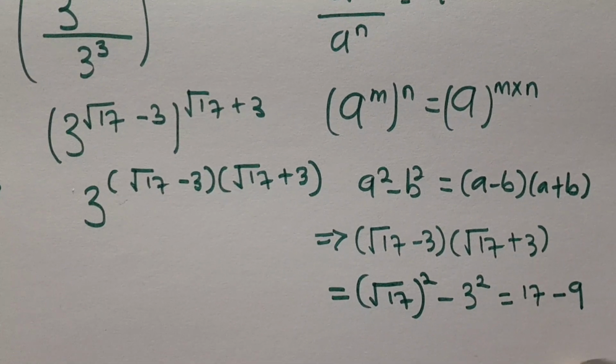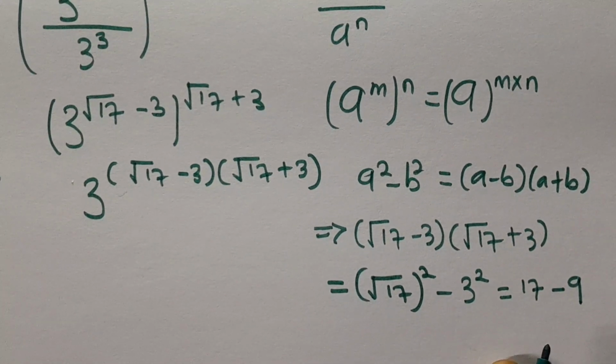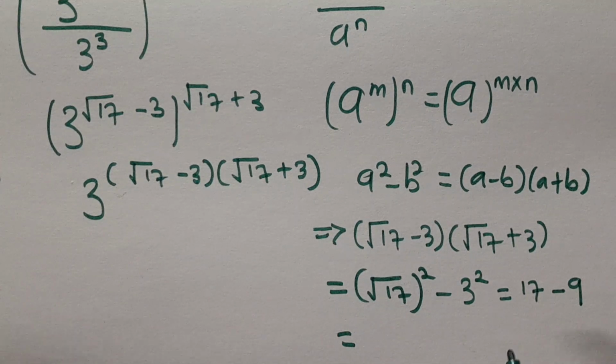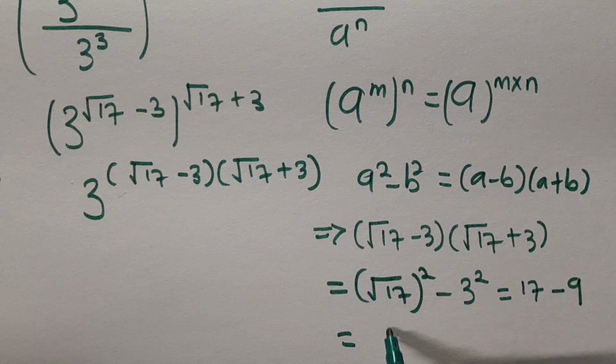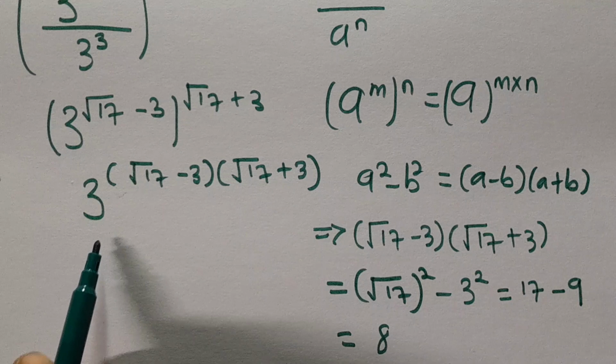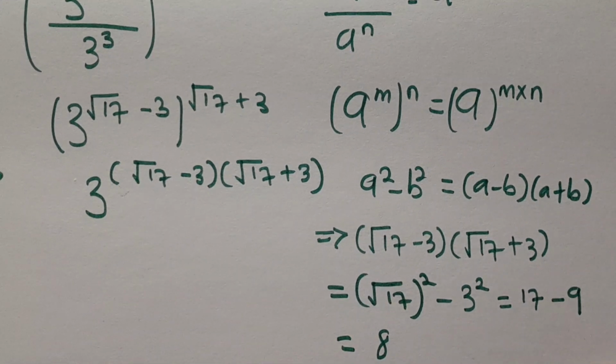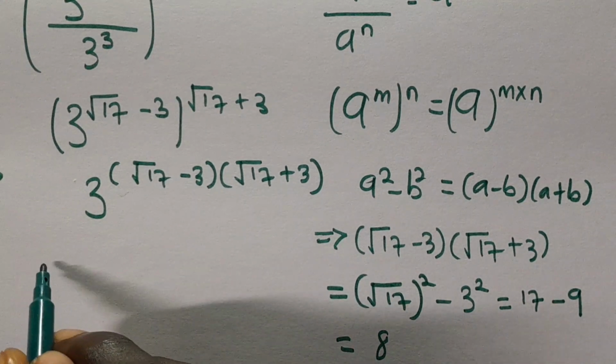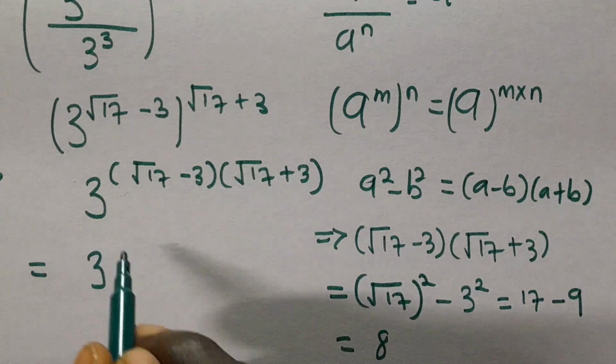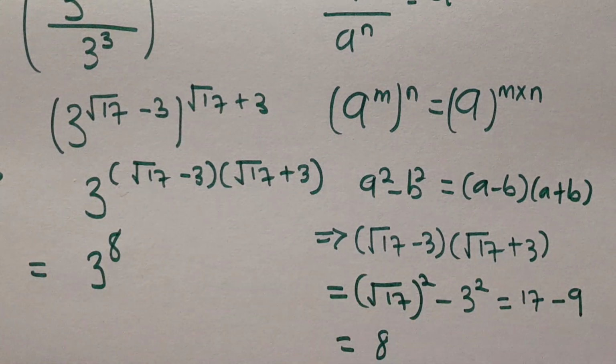So therefore 17 minus 9 will be equals 8. So going back to this place, what we are going to have will be 3 raised to power 8.